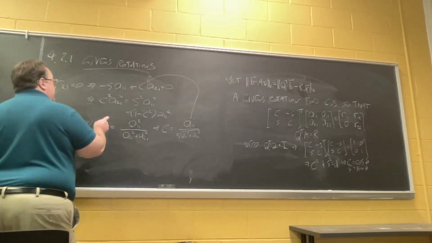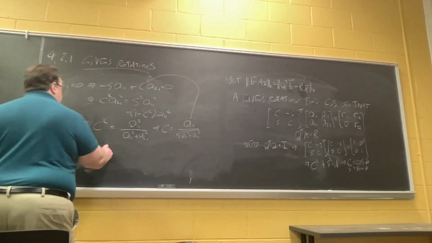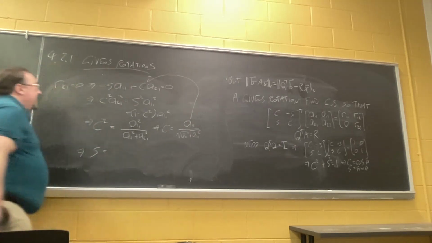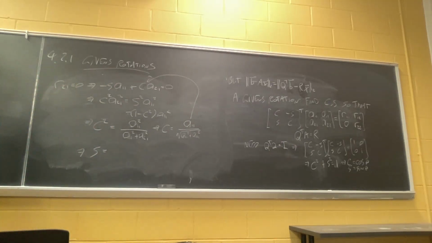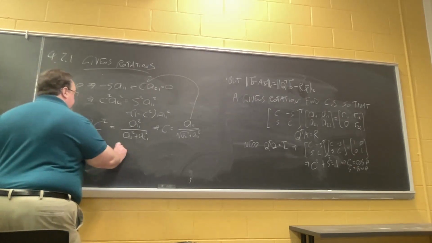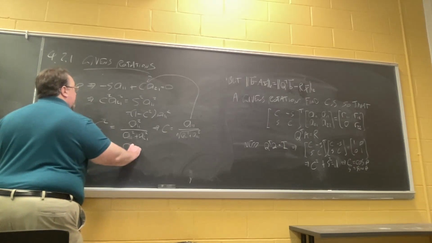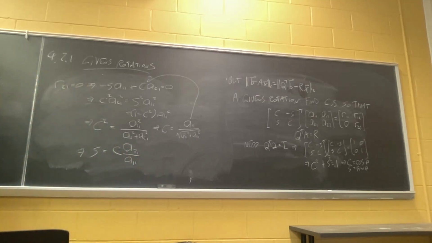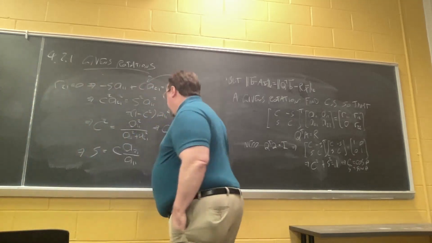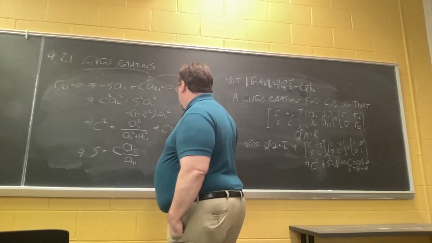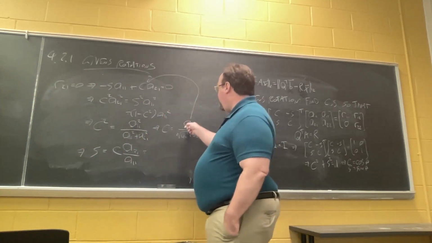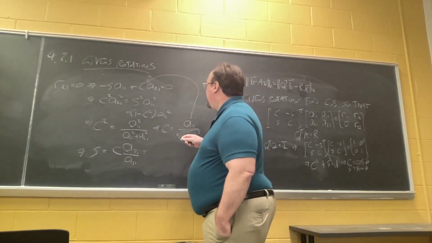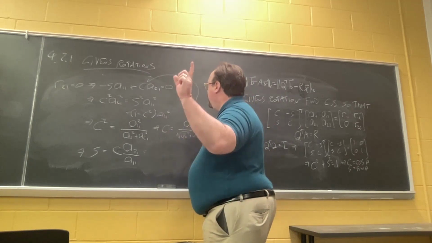So if I take this equation and solve it for S, then what I get is going to be C times A21 over A11, assuming that A11 is non-zero, at least. In that situation, we can do it later. So if I multiply this by my C here, then wait, something is wrong. No, it's okay.